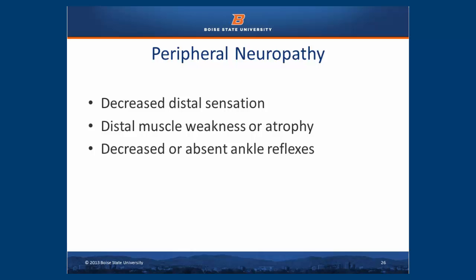Peripheral neuropathy. Peripheral neuropathy can occur for a wide variety of reasons. Diabetic neuropathy is one of the most common causes, but other contributing disorders should be ruled out, such as vascular. It's a decreased distal sensation. They'll have distal muscle weakness or atrophy, and decreased or absent ankle reflexes.